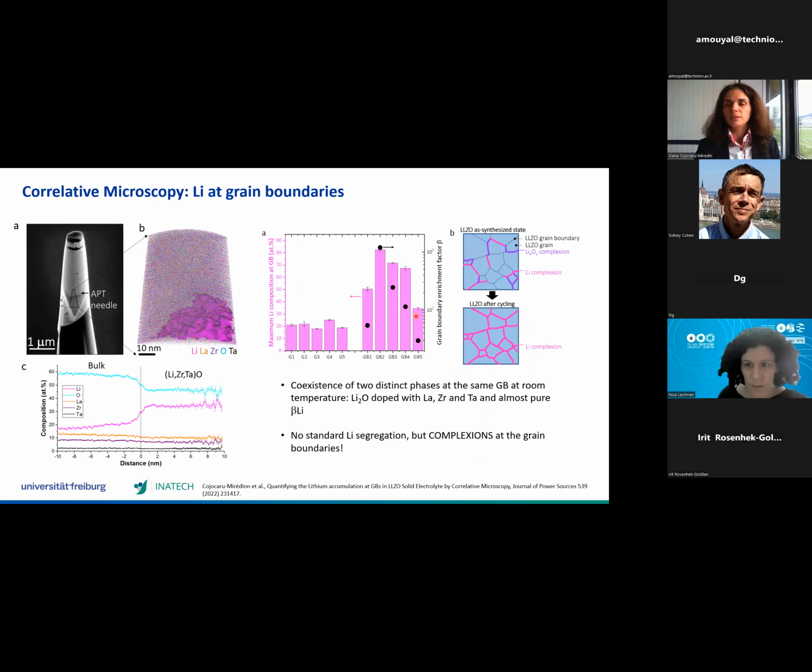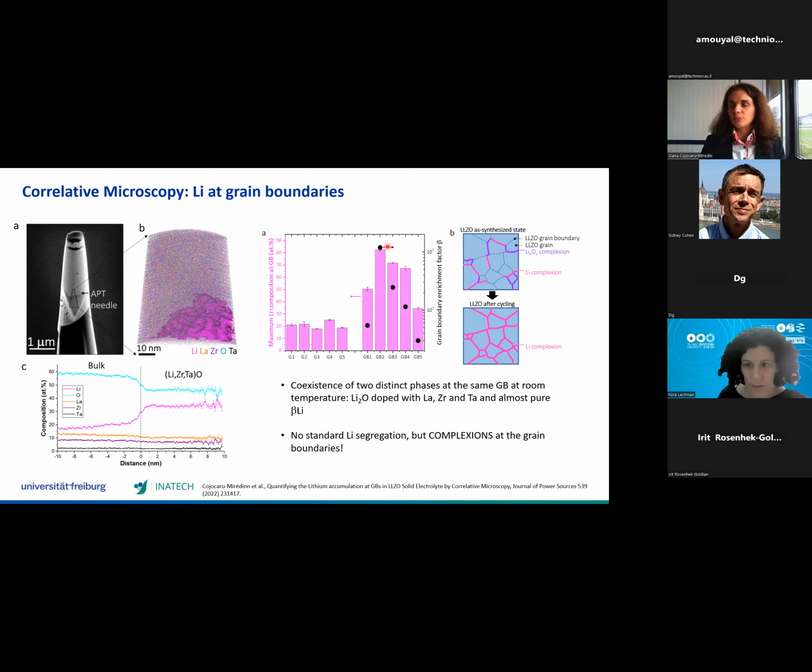And you see that I'm saying lithium segregation, but in fact it is not the segregation phenomenon that we have in classical material science, where we have a few ppm to atomic percent of impurities segregated there. Here we really have a huge accumulation, with lithium content going from 30 to almost 90%. So we have a huge accumulation of lithium over a wide region at the position of the grain boundary.